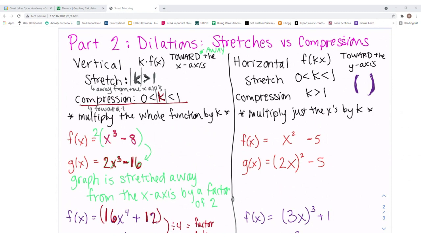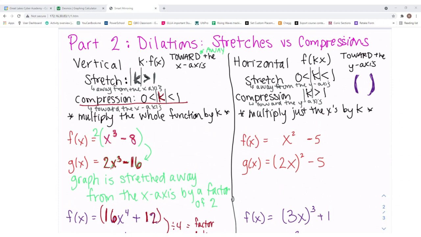While the horizontal stretch is going to go away from the y-axis, and a compression is going to go toward the y-axis. And they kind of switch places, because on the stretch before it was when K was greater than 1, but now it's the compression. So it's again that insider's lie when there are parentheses. Remember that it's going to be kind of the opposite of what you think it should be.